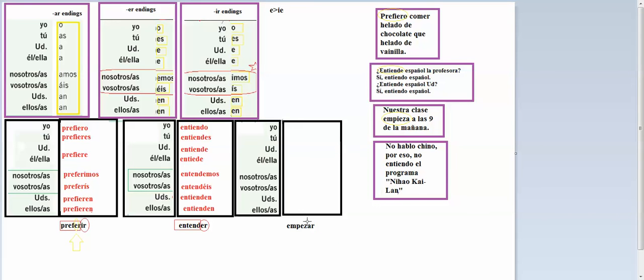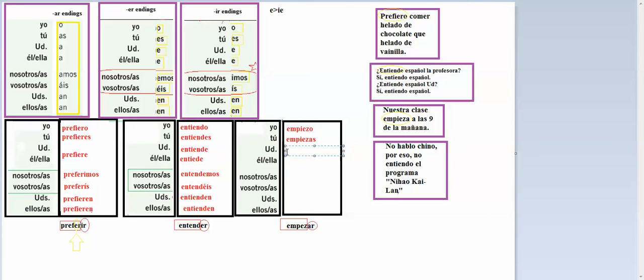Okay, so here's my ending, and here's my stem. And I'm going to make the spelling change again, only this time I'm going to be looking at AR endings because this verb ends in AR. So it would be empez is my stem. I go back, I change that E to an IE, and then I add an O because that's the endings that go with the AR verbs. For tú, it's empez is my stem. I'm going to go back and make it an IEZ, and then for tú, I would add an AS.